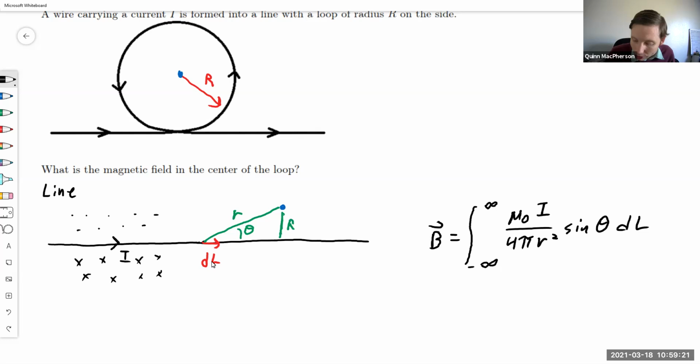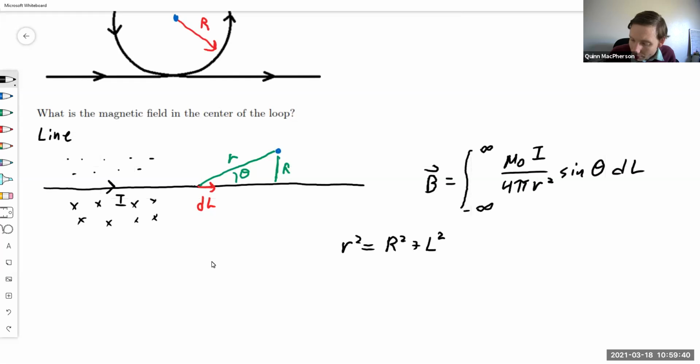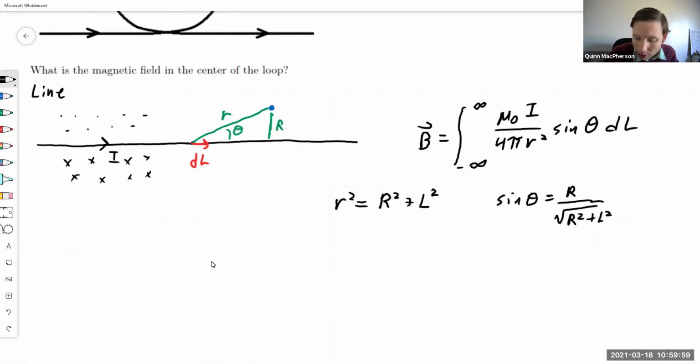Now little r squared is R squared plus L squared. We also have that the sine of theta is equal to R over little r, which is the square root of R squared plus L squared.